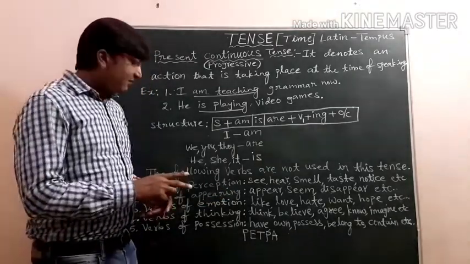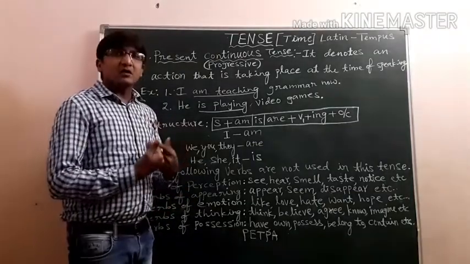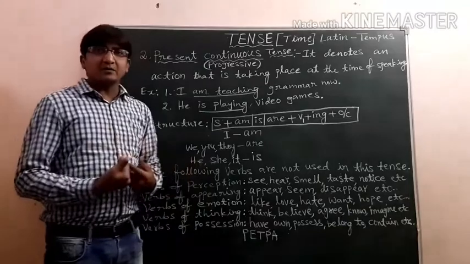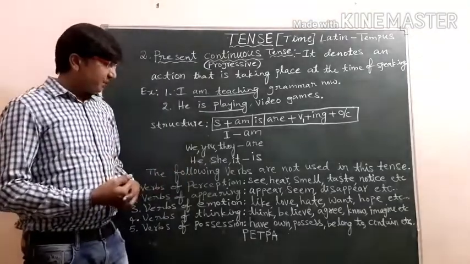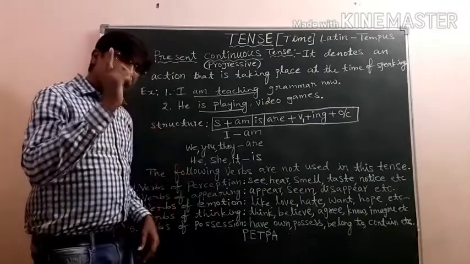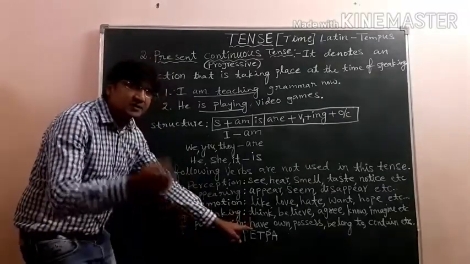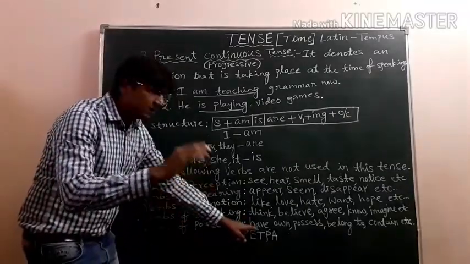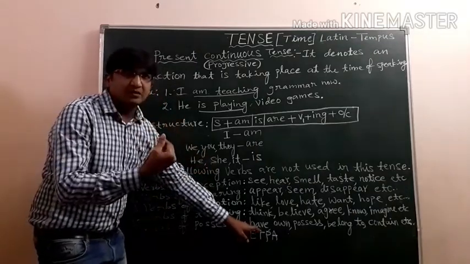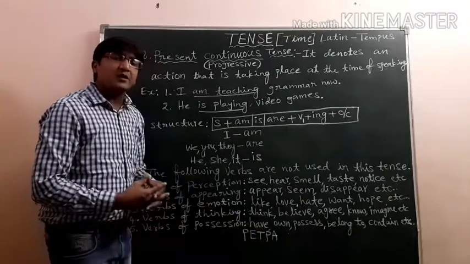Instead of that, we can say, I have a class. We should not say, I am having a bike. That's wrong usage. I have a bike. So please remember. But we can use have in ing form when we talk about meals. When we talk about meals, then we can use have in continuous tense.